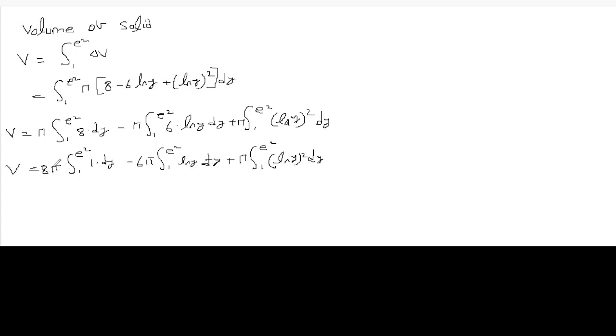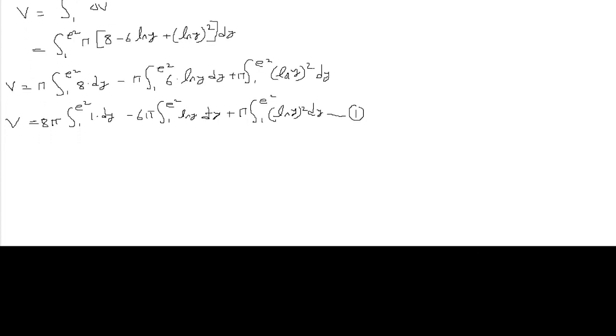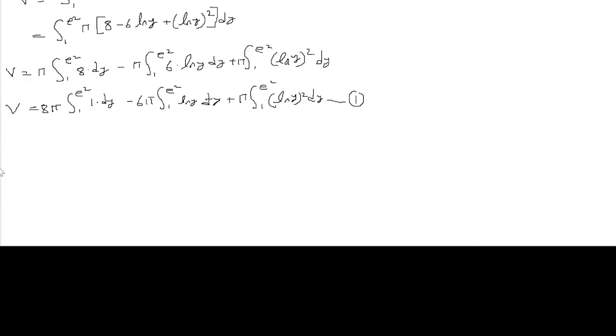Now you have to calculate the values of all the integrations, and we're going to put it here. So better we find out the integrals separately such that it is going to be easier to understand. Now the first value we'll get is this part, integration of 1 to e square 1 dy.